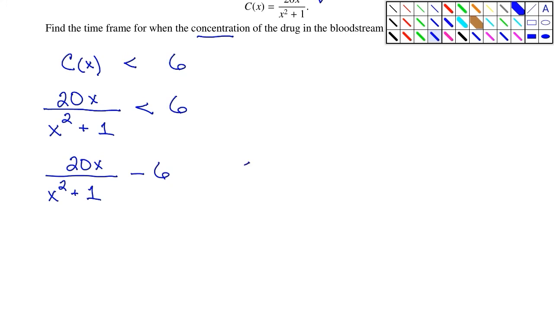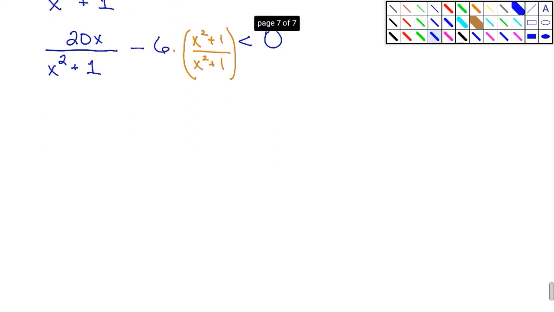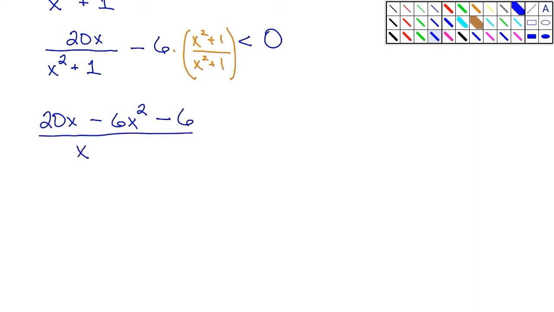Leave a little space because we're going to try to get a common denominator here. And yes, the common denominator would be x squared plus 1. And this gives us 20x minus 6x squared minus 6, because the negative distributes, over x squared plus 1. It's less than 0.